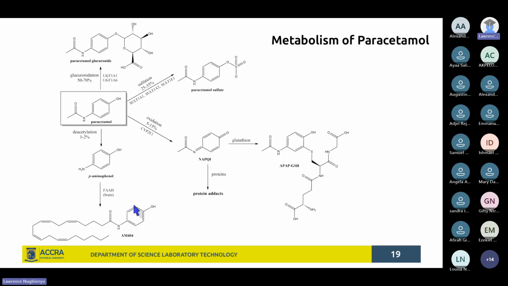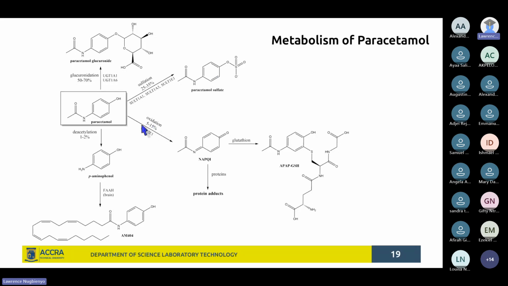The other pathways you see: sulfation. So you see, in place of this hydroxyl group, you now have a sulfate group which is binding there, conjugating with that molecule. It's 25 to 35% of the drug that undergoes that process of sulfation. Some oxidation reaction, 5 to 15%.